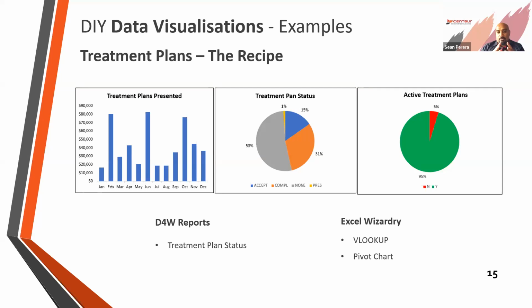So the whole purpose of this part of the exercise was just to show you how much you can already do with a little bit of Excel knowledge and using the powerful reports that you already have in Dental for Windows.